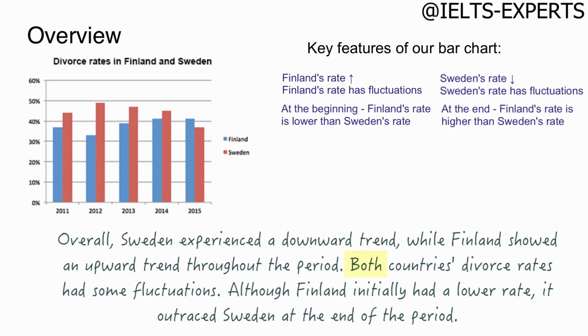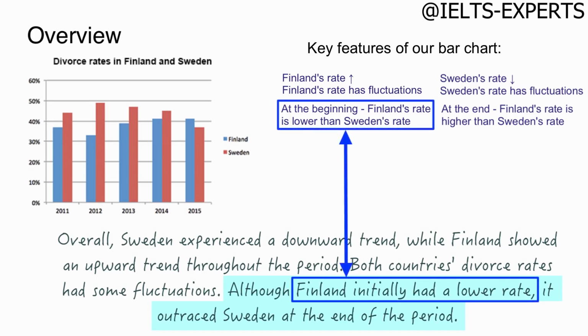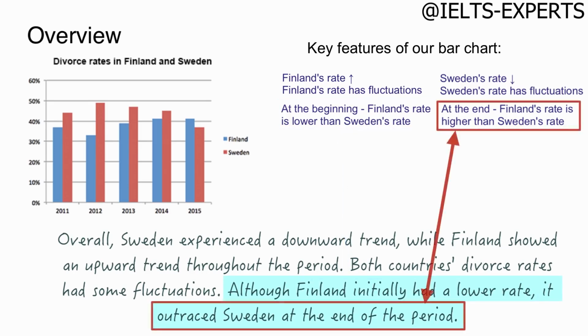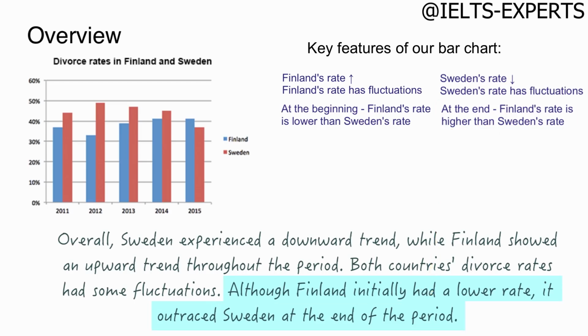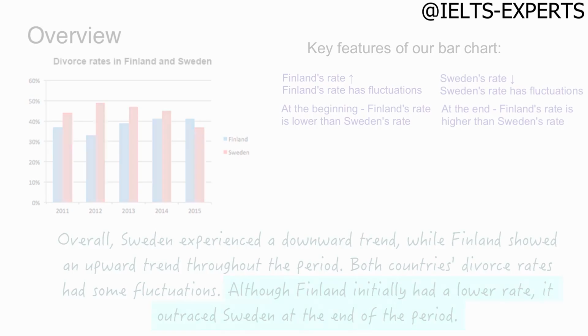Then I use word both to say that 2 countries had the same feature. In our case, both countries had some fluctuations. And finally, I compare rates of Finland and Sweden throughout the period. Since initially Finland's rate was lower than Sweden's rate, but then it changed, I used linking word although. Although Finland initially had a lower rate, it outraced Sweden at the end of the period.